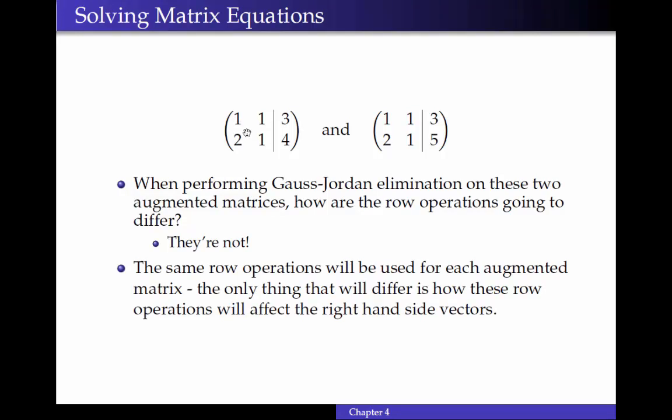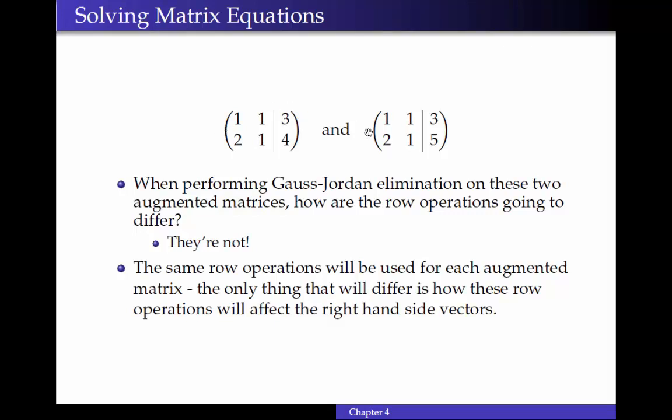The same row operations will be used for each of these two matrices, because remember, the row operations really operate only on the left-hand side coefficient matrix, right? We find the pivots, we eliminate the values below it and the values above it. So we're going to perform the same row operations for each of these matrices. The only thing that's going to be different is how those row operations affect the right-hand side vectors.